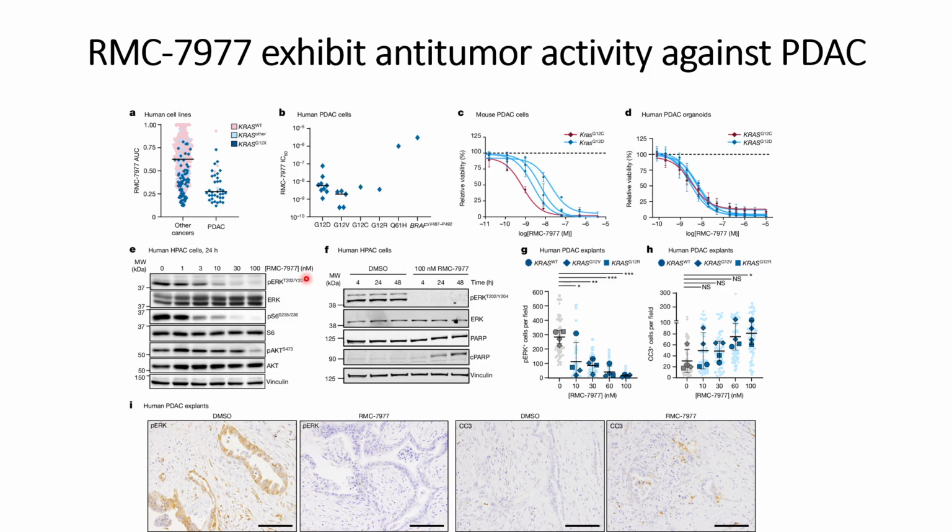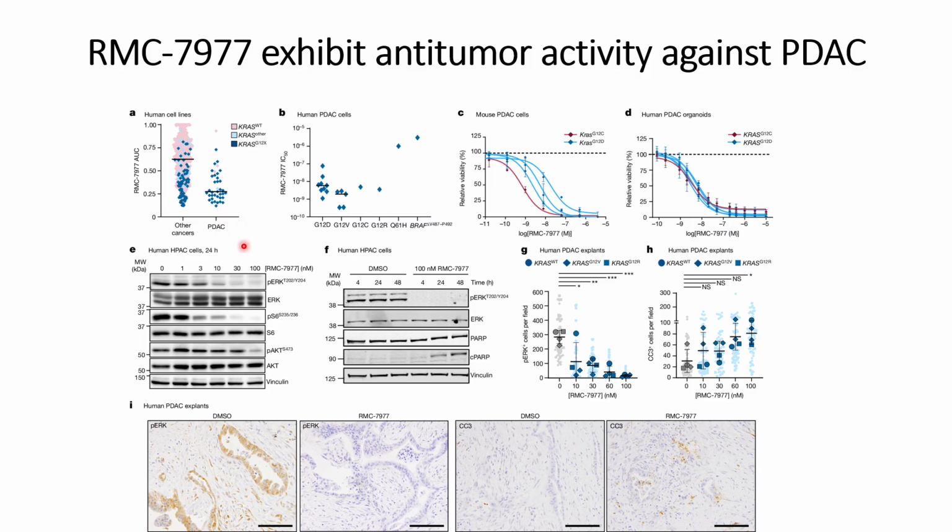And then they wanted to check what the actual reasons are. So they thought that the phosphorylation of the ERK pathway or the S6 pathway might be triggered when RMC-7977 interacts with these HPAC cells.